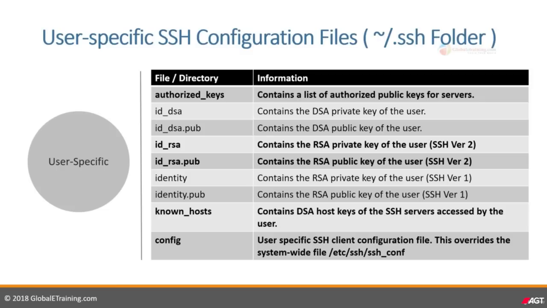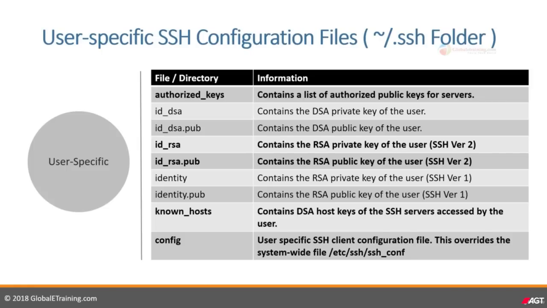Next, id_rsa and id_rsa.pub are the RSA private key and the public key of the user for the SSH version 2. Identity and identity.pub are the RSA private key and public key of the user for the SSH version 1.